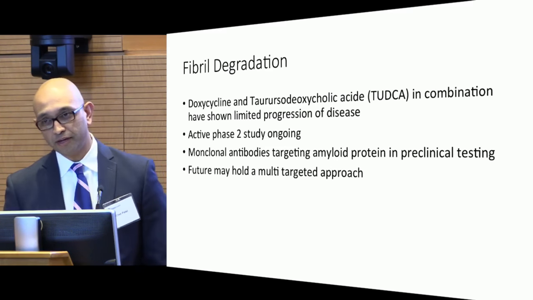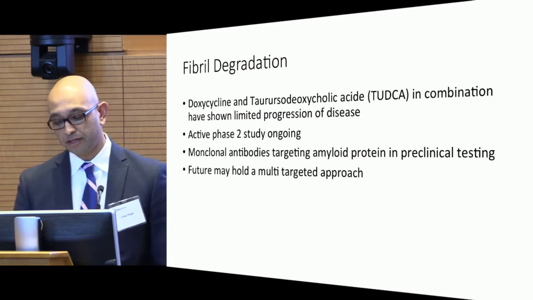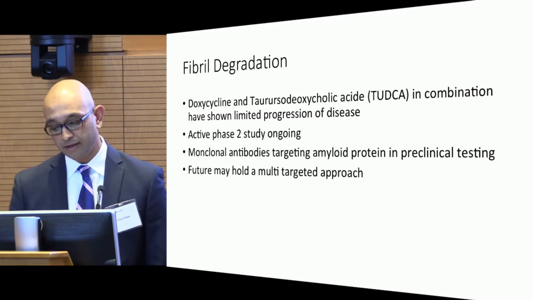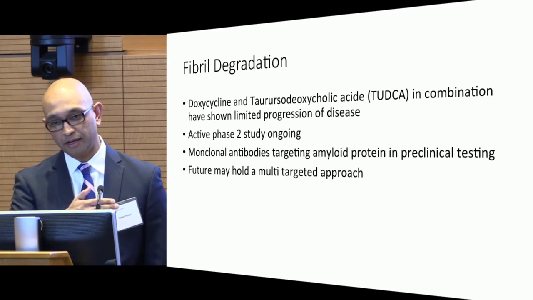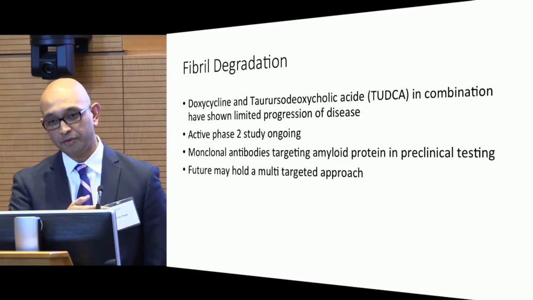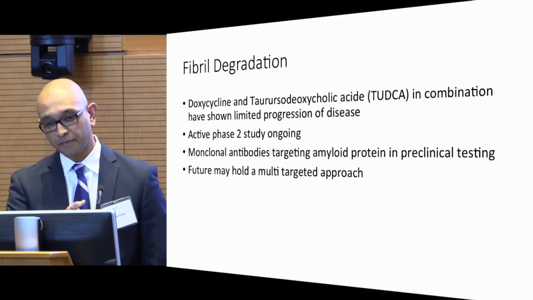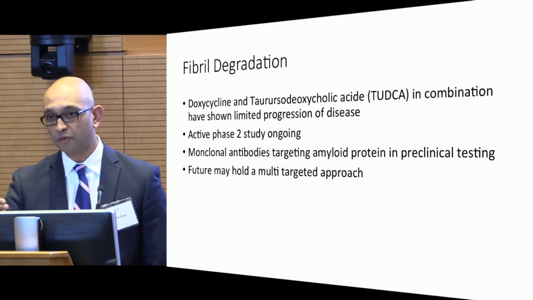There are actually monoclonal antibodies targeting amyloid protein in preclinical testing, and as you put all this together and you look at TTR amyloidosis as a disease that starts in the liver and then targets other organs, there are many steps along the way.